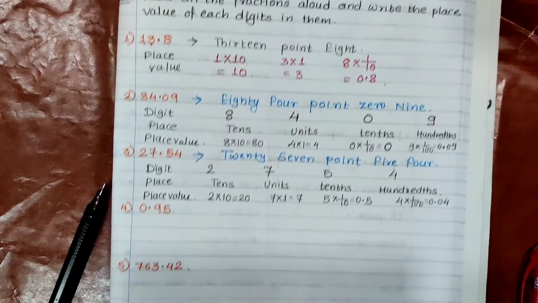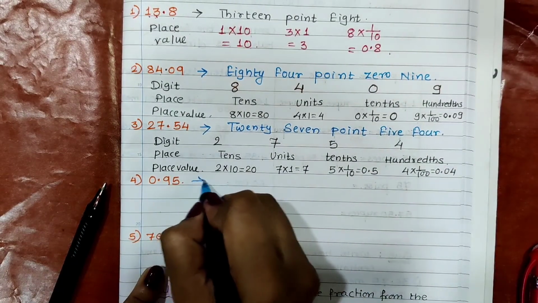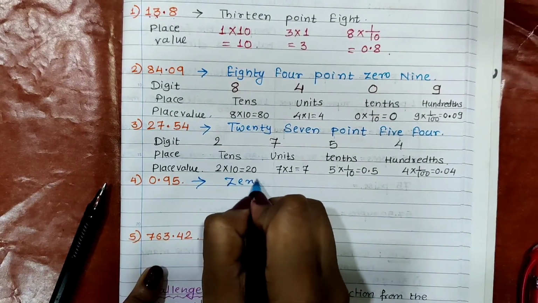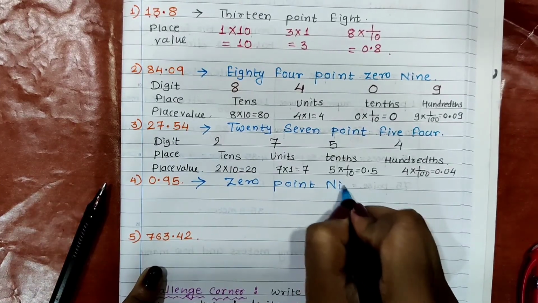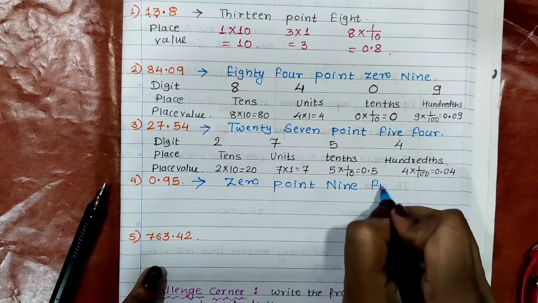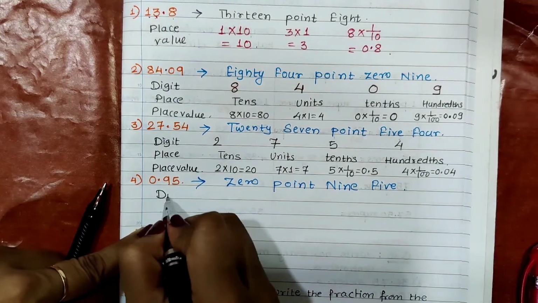Now let us go on the next one, fourth sum, 0.95. How to read this number? 0.95. Okay, now write digit, place and place value.